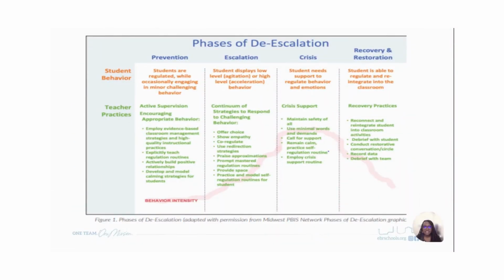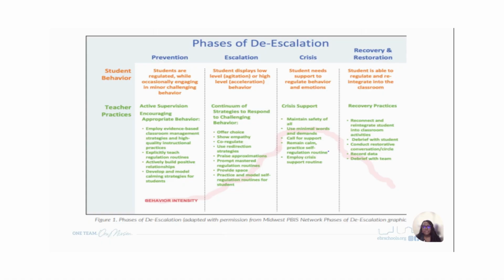Okay, so now we talked about escalation. Let's talk about phases of de-escalation and what it looks like. There are 4 stages, and we're going to talk about student behavior and teacher or supervisors practices. So the first stage is prevention. In this stage, students are regulated while occasionally engaging in minor challenging behavior. So right now they're actively supervised.